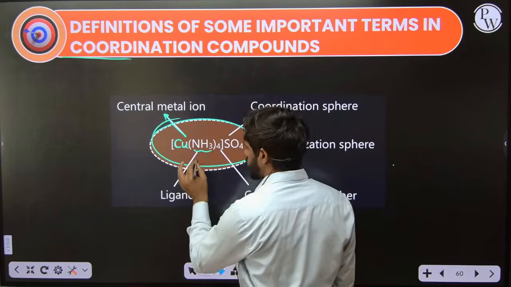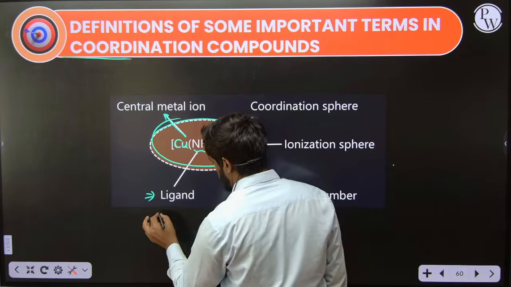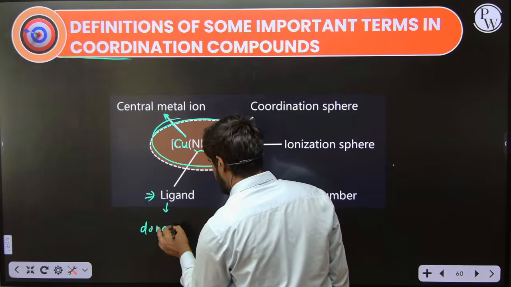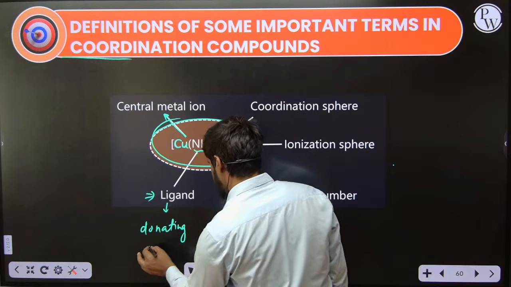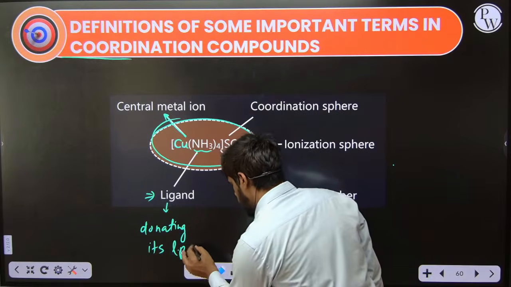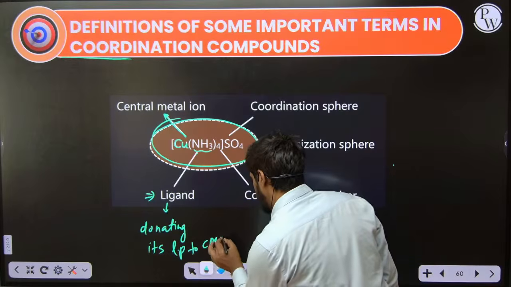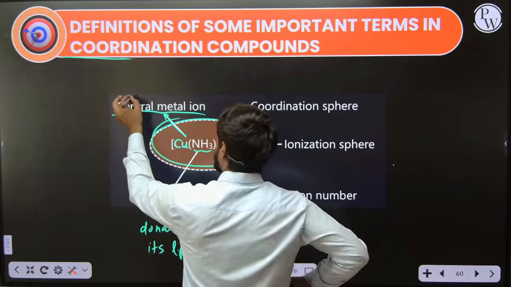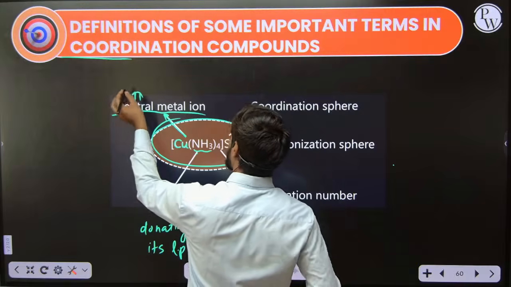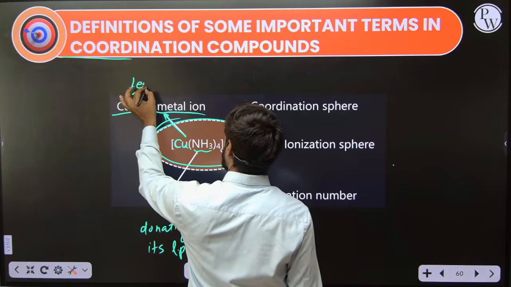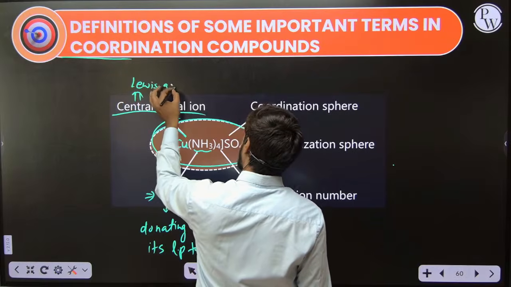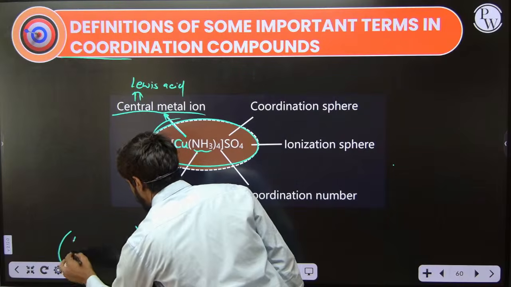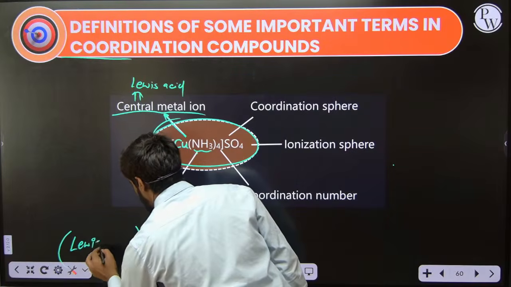So what are ligands? A ligand donates its lone pair to the central metal atom, and the central metal atom accepts it. Since the central metal atom is accepting a lone pair, we can say it is a Lewis acid. Since the ligand is giving its lone pair, we can say it is a Lewis base.